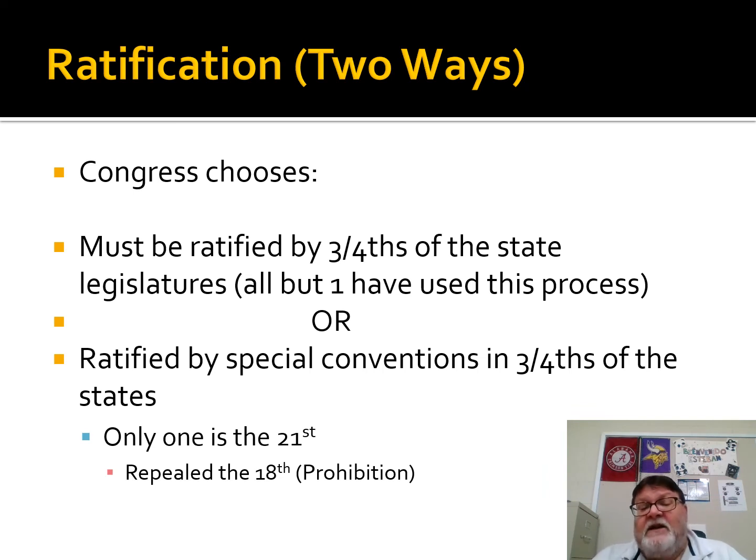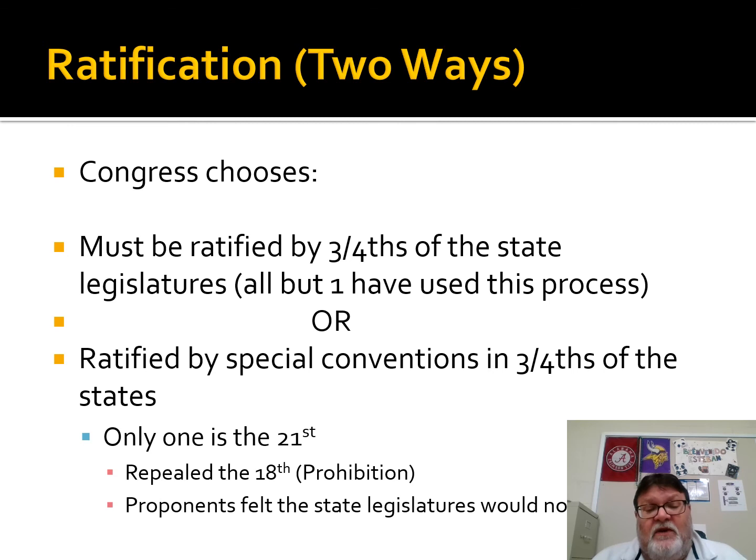And now the reason, it's good to know, why did Congress choose this way to do it? Well, they did it because they knew that the state legislatures would not approve. So that's what's behind my picture there. Some of the state legislatures, or enough of them to make 3/4 not happen, did not approve, still wanted prohibition.